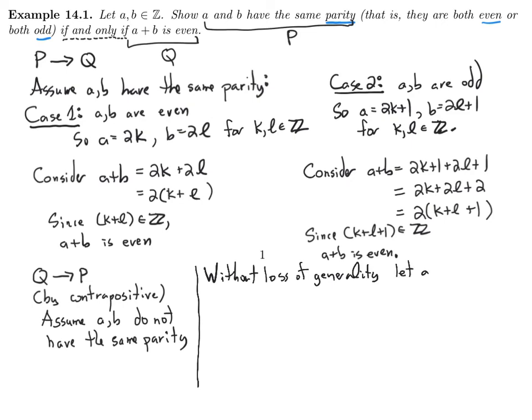let A be odd and B be even. Again, it doesn't really matter out of A and B which one is odd and even, because that's not going to affect the sum here.